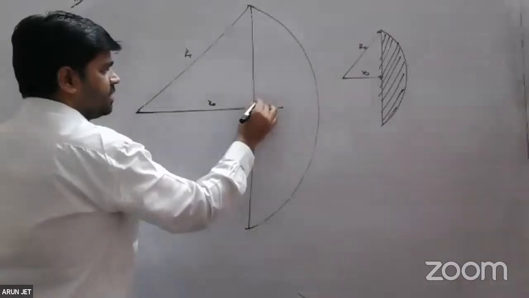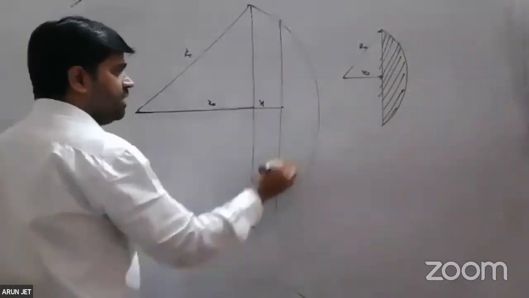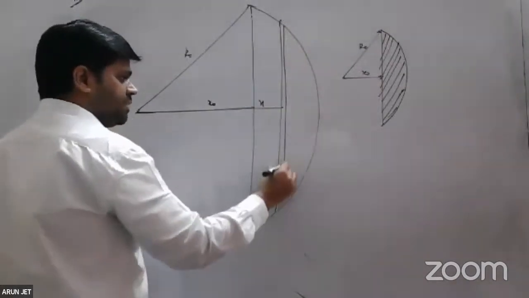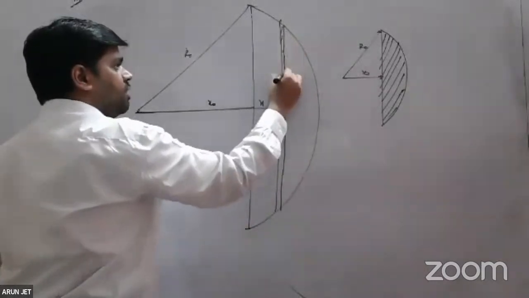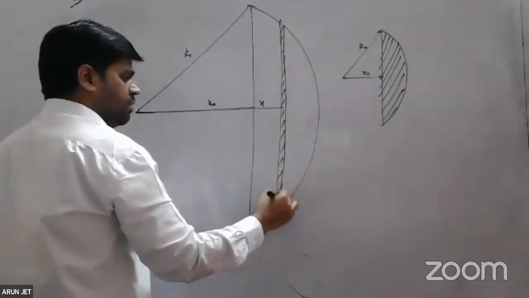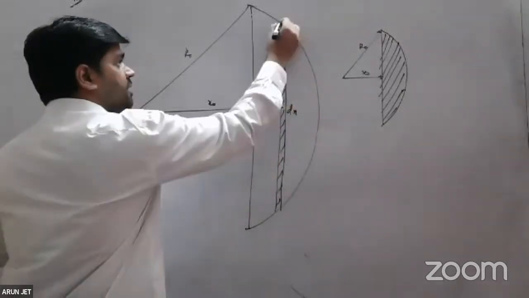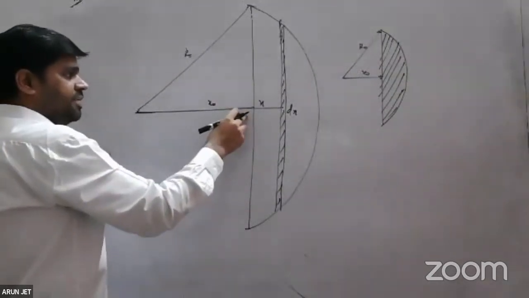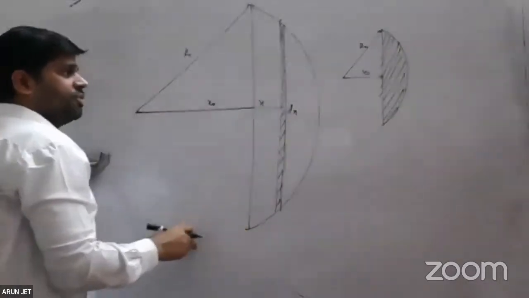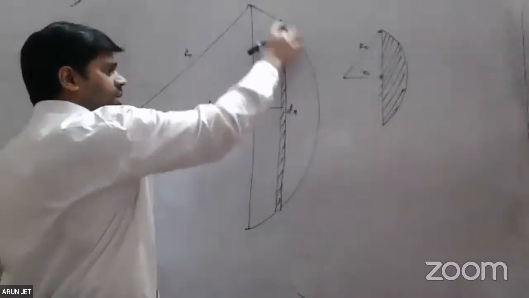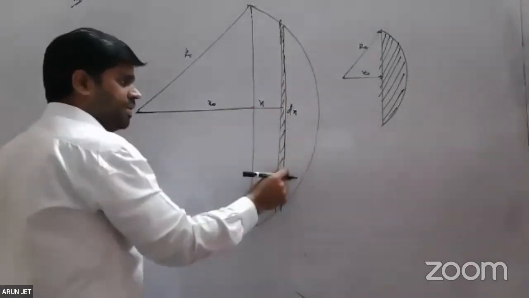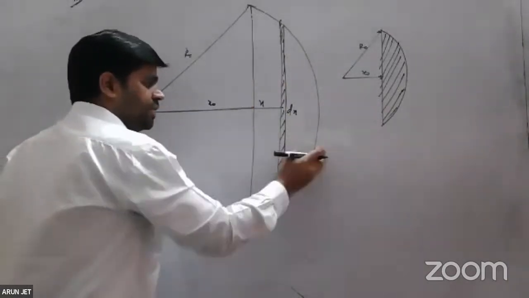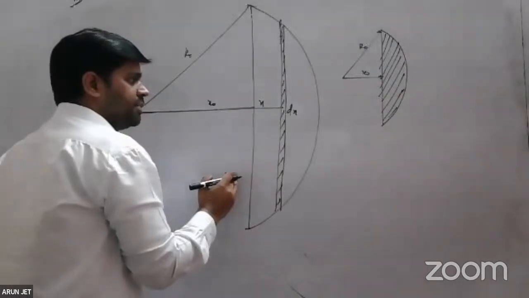At a distance x, I chop this into vertical strips of width dx. Inner distance is x0, outer distance is r0. I have to find this complete area, so I find the infinitesimal area and sum it up from here to here. What are the limits?